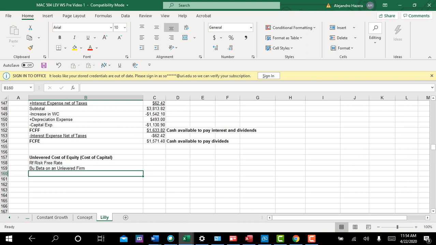Okay, the next one is the market premium. And this is the premium that the stock market would charge over the risk-free rate. So if your risk-free rate were, let's say, 5%, and I'll do this in a second.